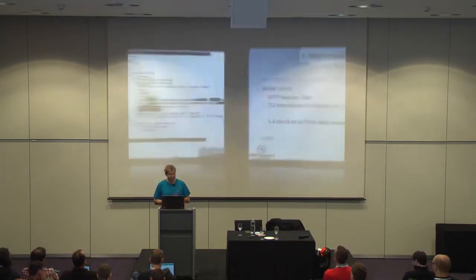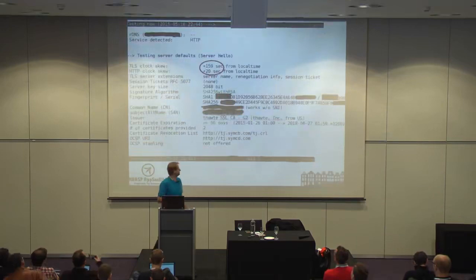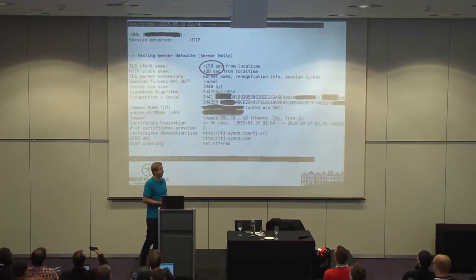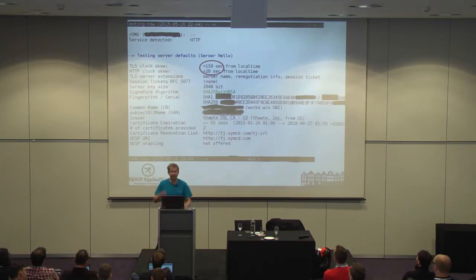One beautiful example of this is a real life scenario. You're looking at the output of testssl. You can achieve almost the same in principle with Nmap. I don't know whether you can see it in the back. I can zoom in a bit.